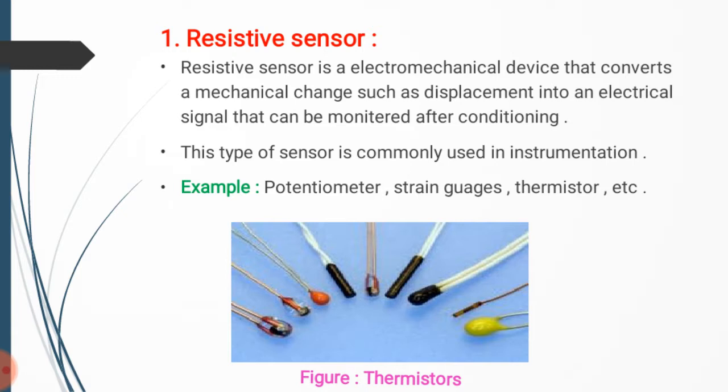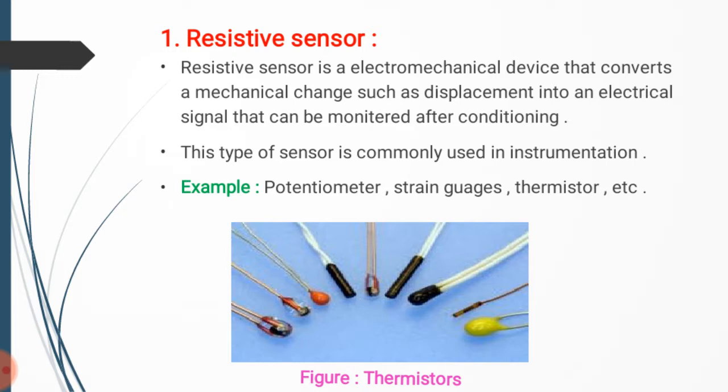This type of sensor is commonly used in instrumentation for the construction of different electronic circuits. Examples of the resistive sensor are the potentiometer, strain gauges, and the thermistor.